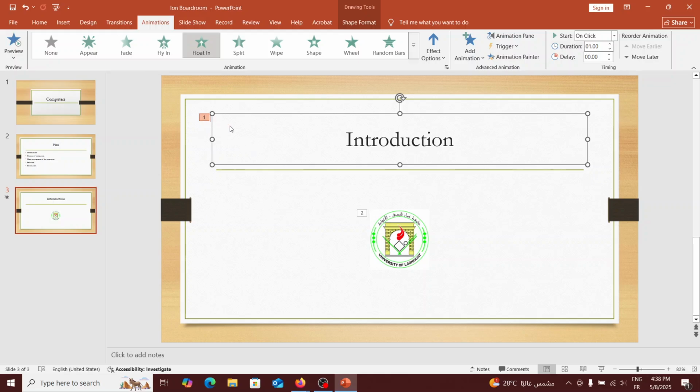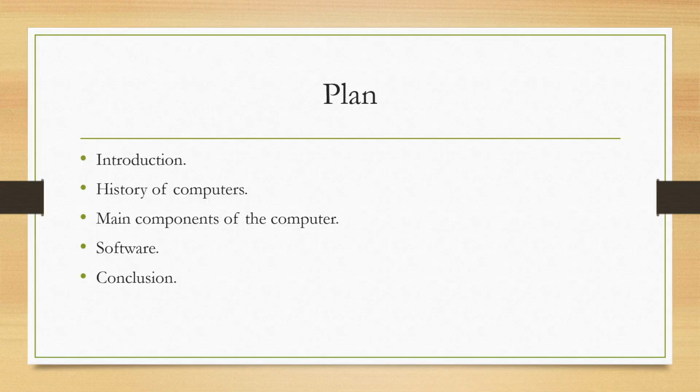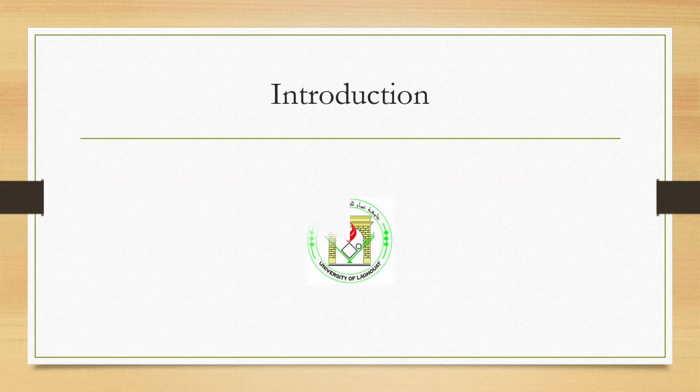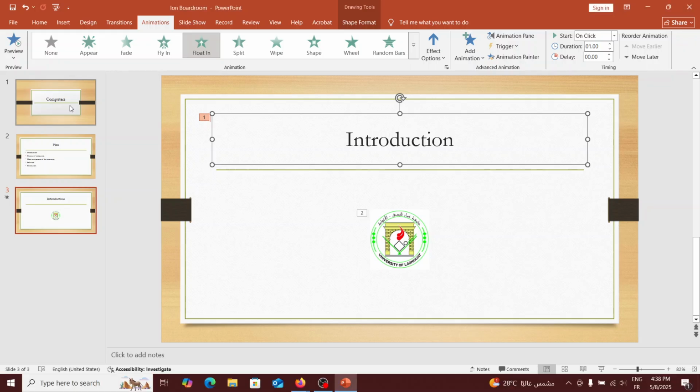We have introduction, which is the first one. That means we can change the order if we want. Yes, exactly. Now let's try to preview this again. Computers, plan, introduction, and then the picture. Okay.